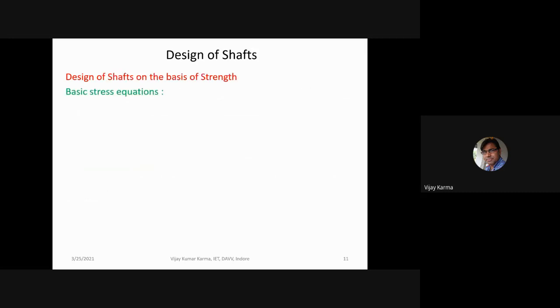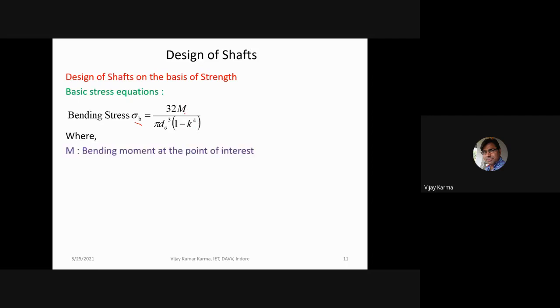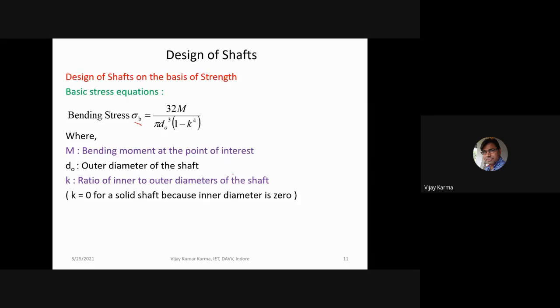Now the equations which are used, this is the bending stress equation. The bending stress sigma_b is equal to 32 M upon pi d_o cubed into (1 minus k to the power 4), where M represents the bending moment at the point of interest, d_o is the outer diameter of the shaft, and k represents the ratio of inner to outer diameters of the shaft.